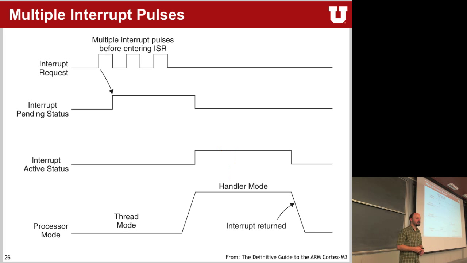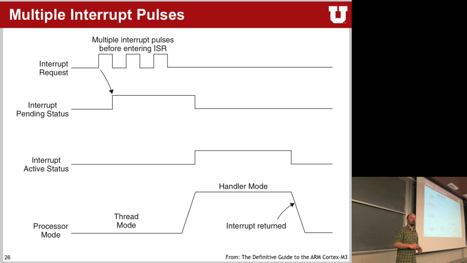What will happen is the following. These interrupts will happen. The status bit will be set because of the first one. But these we will just lose. We won't know that they happened. Once the processor switches from thread mode into handler mode, interrupt will be active, this will be cleared. This one is already low from the hardware itself, so we lost 2 of the interrupts.